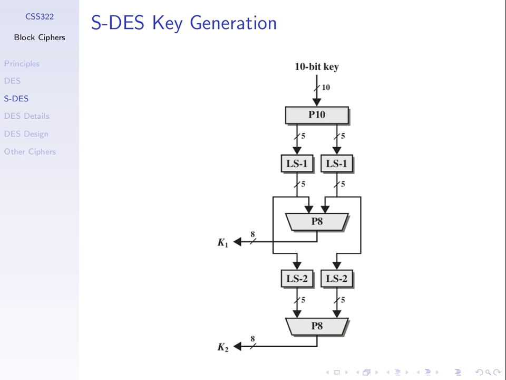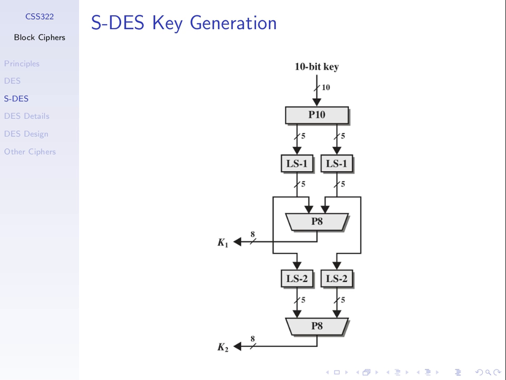This bit moves to the left by one position, one position, one position. So it becomes... Just shift them all left, but of course the leftmost bit becomes the rightmost bit. We only do it on the 5 bits, not on all 10 bits. That is, we treat the left half and the right half separately.